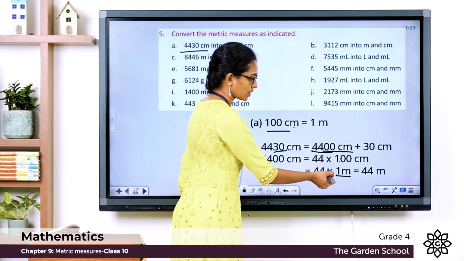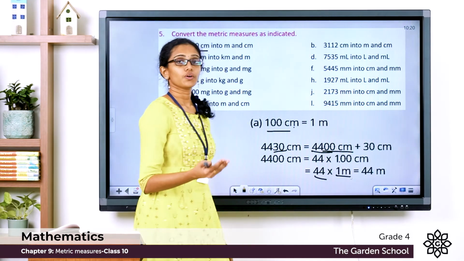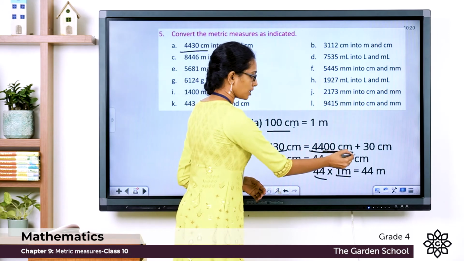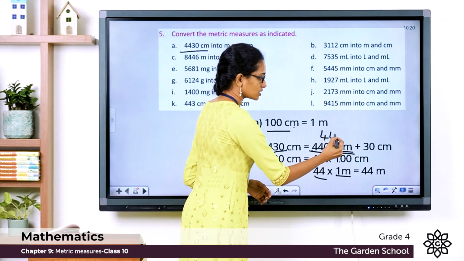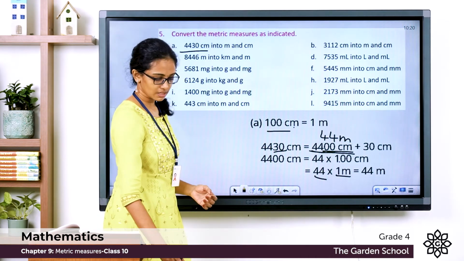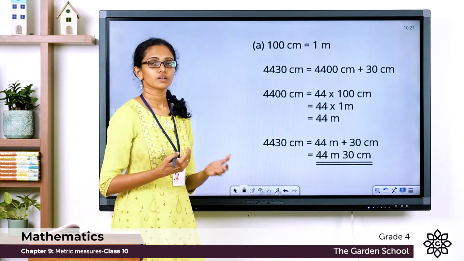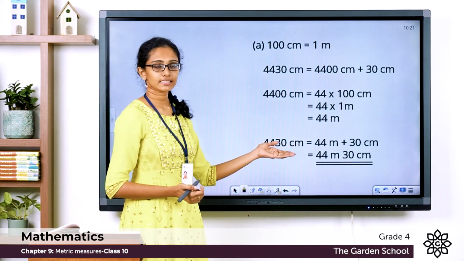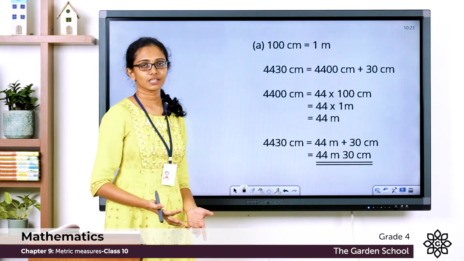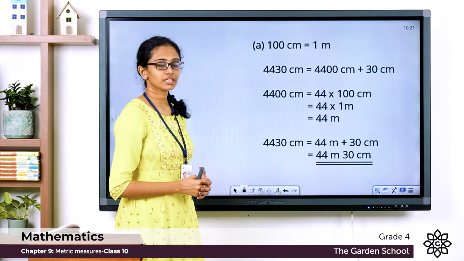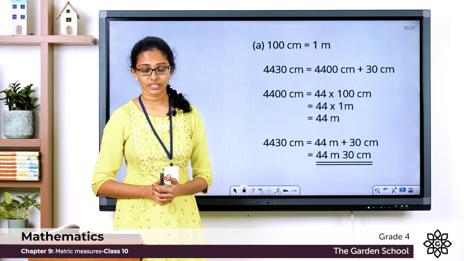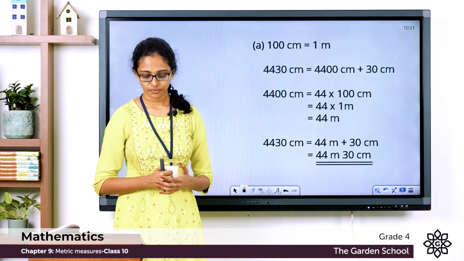So we have 44 into 1, that is 44 meters. So here we have this part converted in terms of meters, and this is equal to 44 meters plus the 30 centimeter we already have in the question. So 4430 centimeter is equal to 44 meter 30 centimeter. So I hope this conversion was clear to you. Now similarly, you have to complete all the other 11 questions from the question number 5.